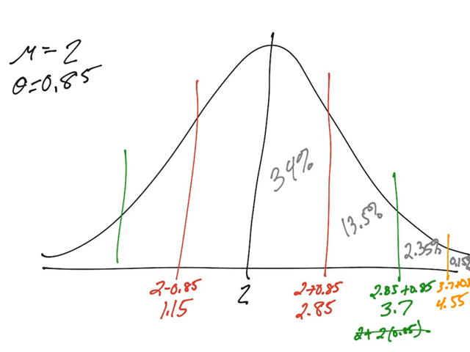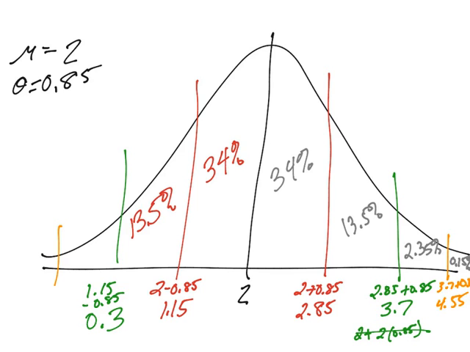If I do it again, 1.15 minus 0.85, and I get 0.3. And if I go again, I'm going to get a negative value. And we're talking about speeds, so that really doesn't make much sense. So 34, 13.5, 2.35, and 0.15%.